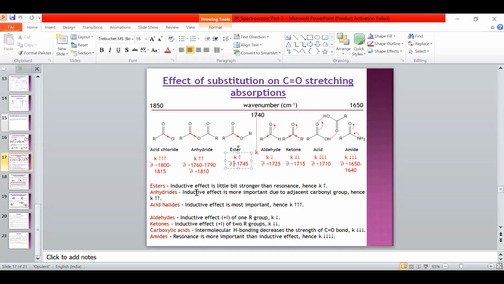So here the anhydride inductive effect is even more important due to the adjacent carbonyl group. And because of the inductive effect, electron withdrawing nature, the bond strength will further increase, K increases, and then frequency also increases. But note that anhydride has two values of the frequencies, one for one carbonyl group and the other for the other carbonyl group. So there are two carbonyl groups in anhydride. One appears at a lower frequency, the other appears at a higher frequency.